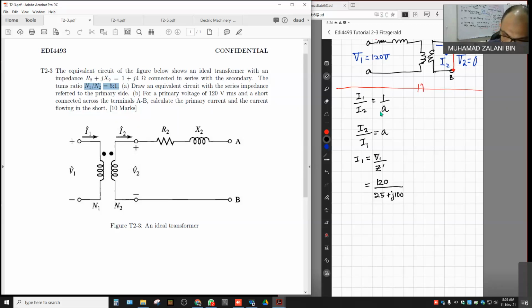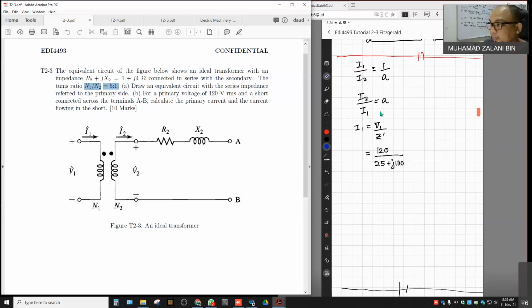Okay, so for this particular calculation, I hope you can do, because this is just using the normal calculus. You just need to write, this is 25 minus J100, right? And 25 minus J100.